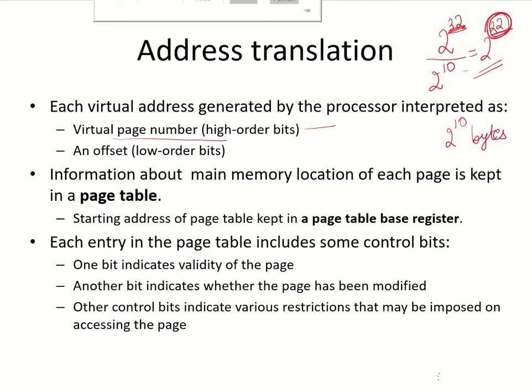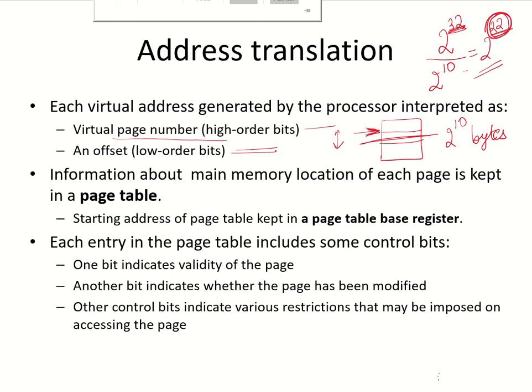Now within a page, where is the particular byte that we are referring to? That will be denoted by the offset. So the low order bits will be used to denote the offset. Offset means from the starting address of that particular page, what is the distance of that address from the base address of that page.